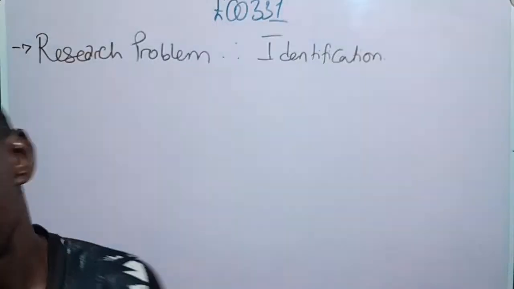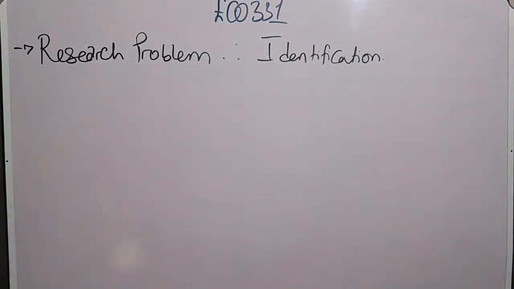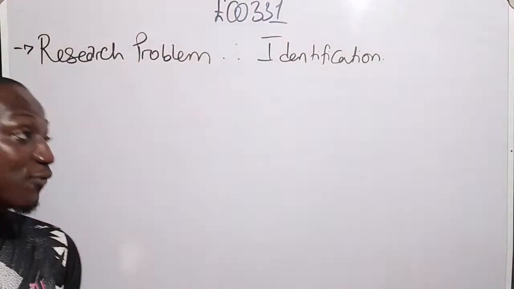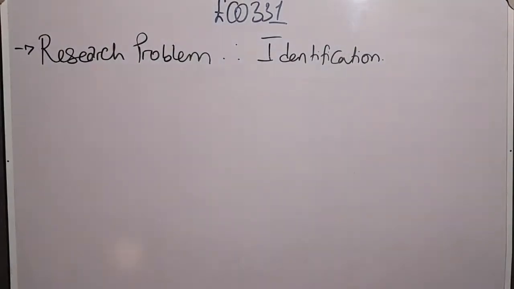But at the stage whereby you still don't know that there's a problem, then there is no solution. There's not even hope for solutions coming from anywhere. But the moment you realize that there is a problem, then you know how to go about solving it, because now you realize that there's a problem and you must look for a way around solving it. So identification is very important when it comes to research problem.